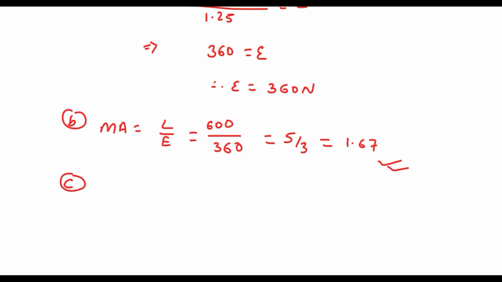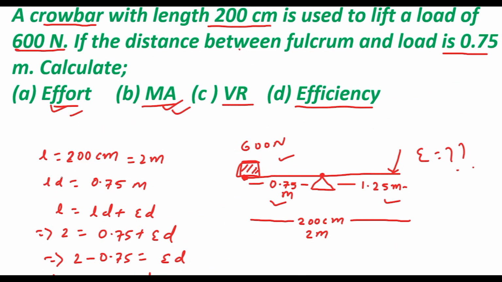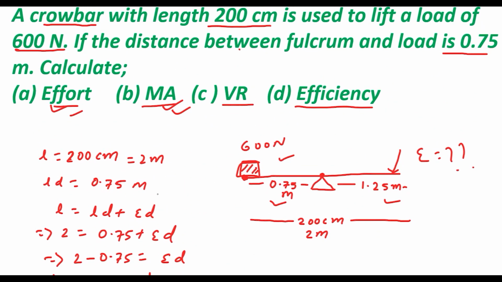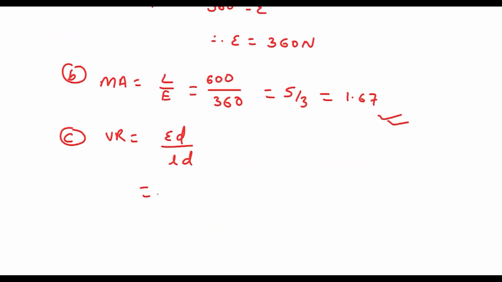And in C, we have to find VR. VR means velocity ratio. Velocity ratio is given by effort distance by load distance, and we have effort distance 1.25 and load distance 0.75.